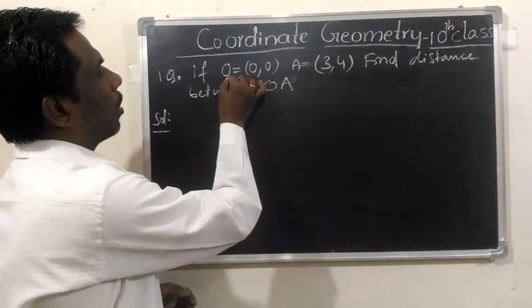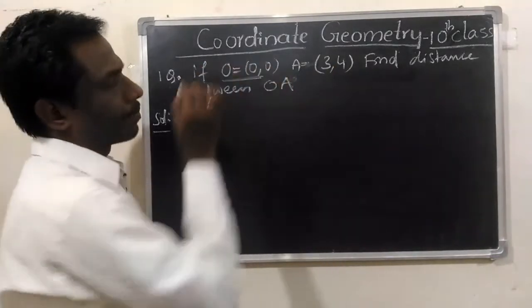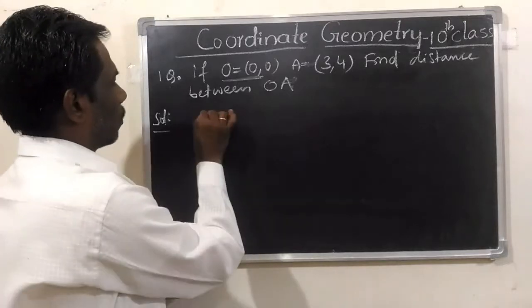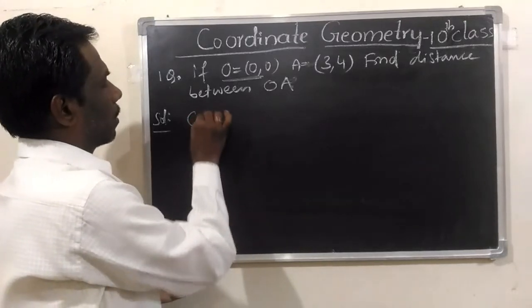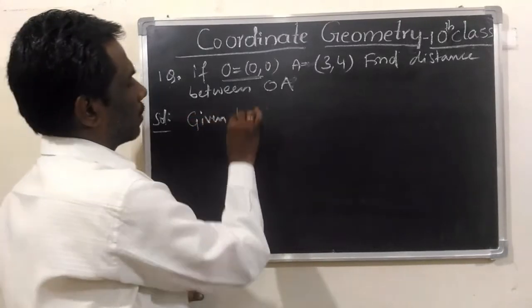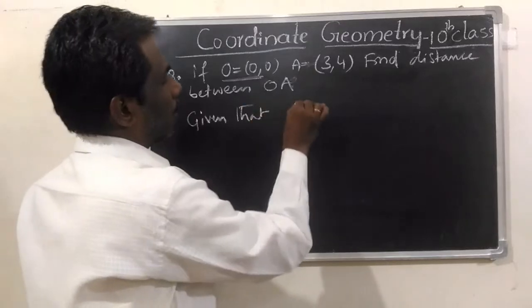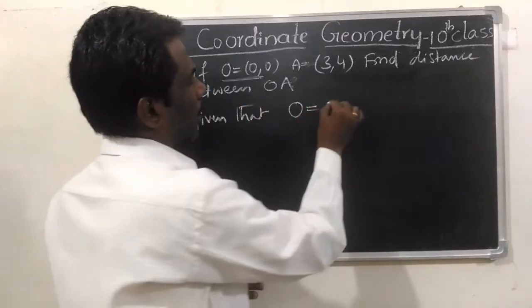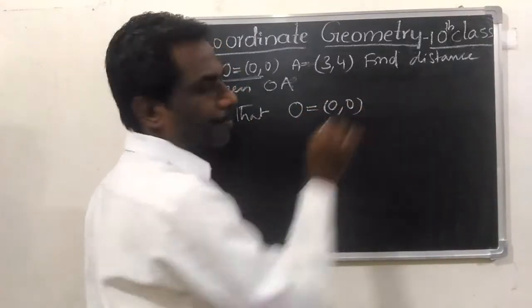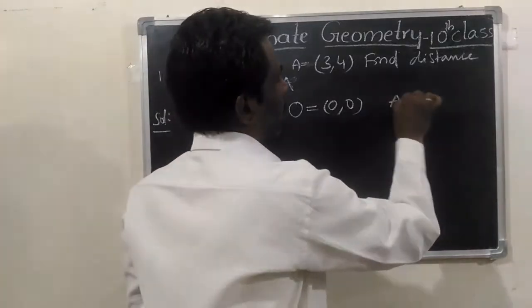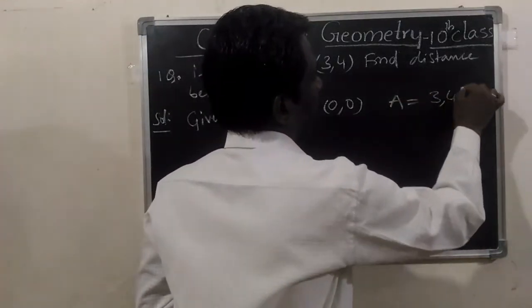Here, what is O? O is the origin. So given that O, the origin, is 0 comma 0 and A is 3 comma 4.